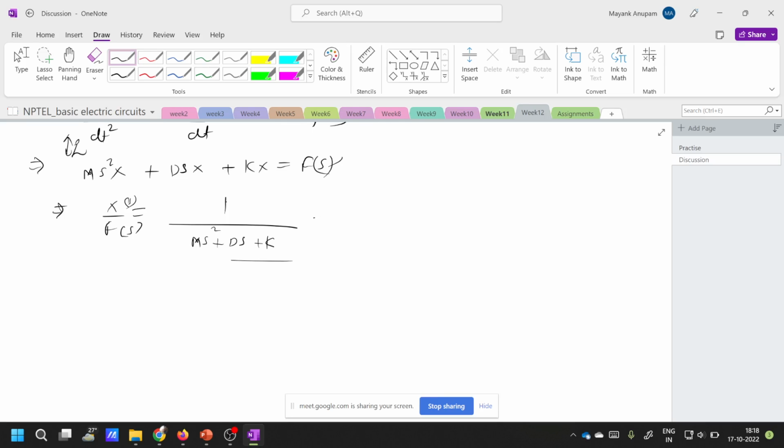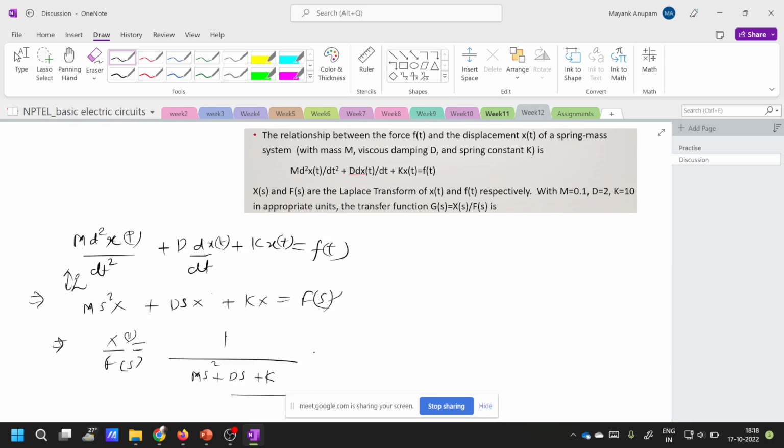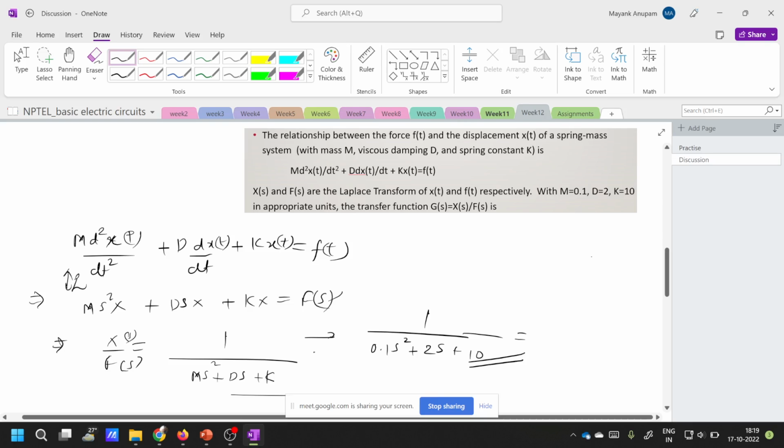Now all the parameters are given here. The m is 0.1, d is 2, and k is 10. So replace it here. So this becomes 1 by 0.1 s square plus 2s plus 10, right? So this is the correct answer, the transfer function here.